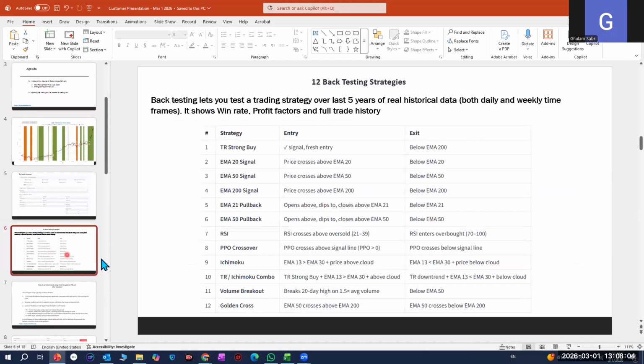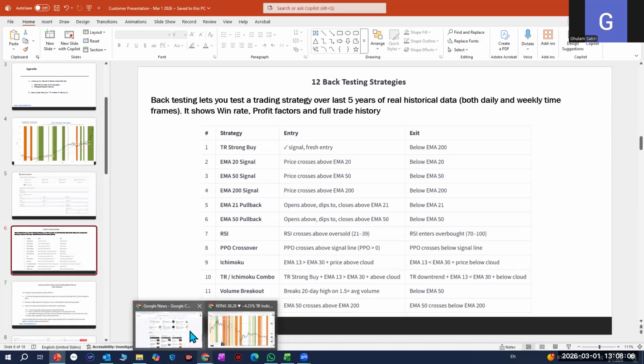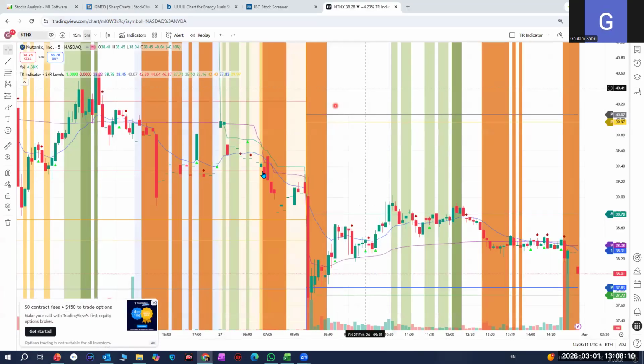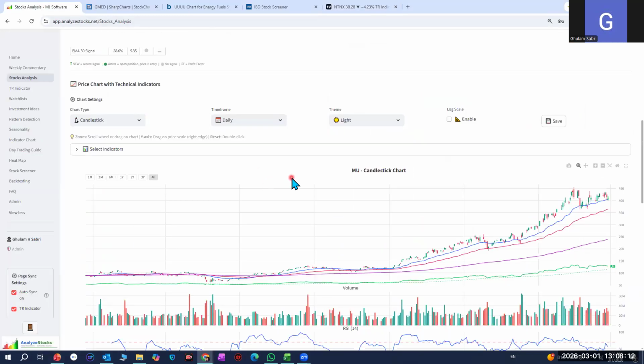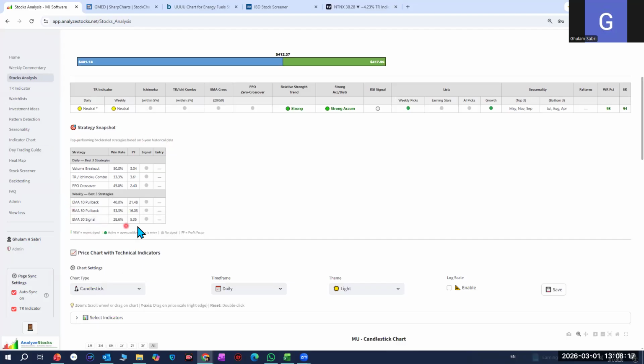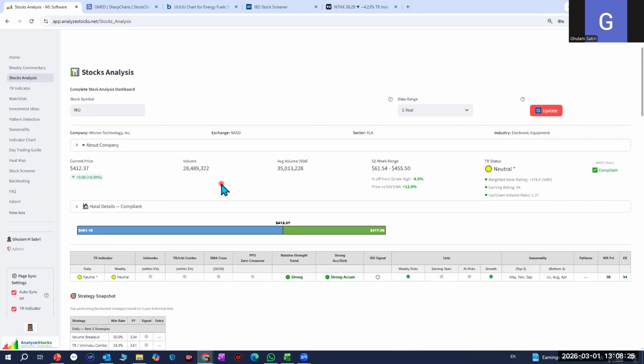In my personal opinion, it's a very powerful feature because in one go, for any stock, you know whether proven backtested strategies over the last 5 years are giving you signals in your particular direction or not. And that's what really counts.